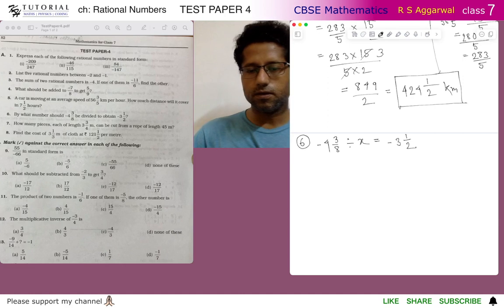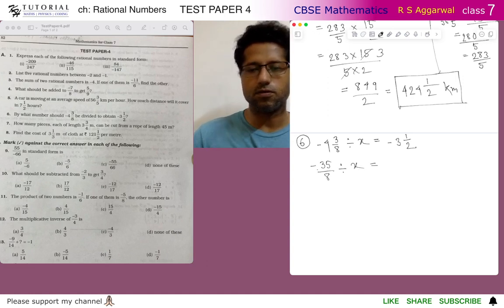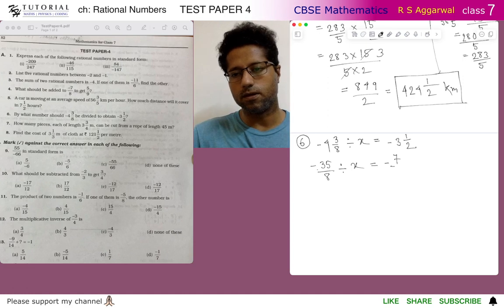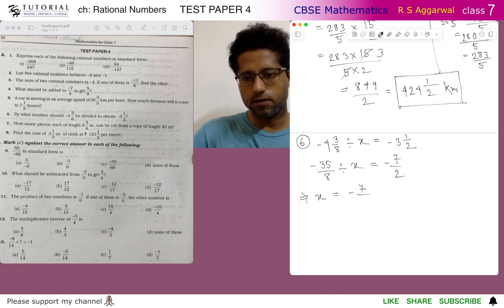First we convert the mixed fractions to improper fractions, and we get minus 35 by 8 divided by x equals minus 7 by 2. So this implies x equals minus 7 by 2 divided by minus 35 by 8.